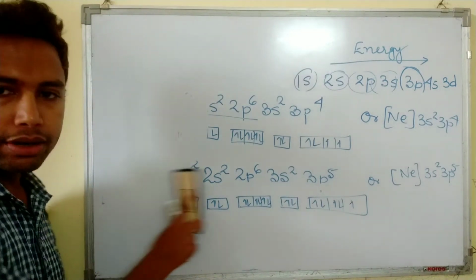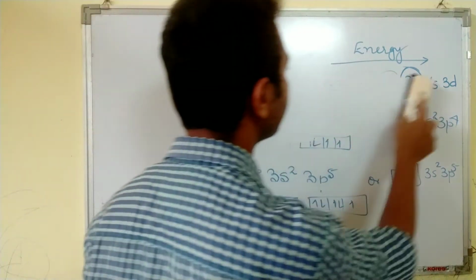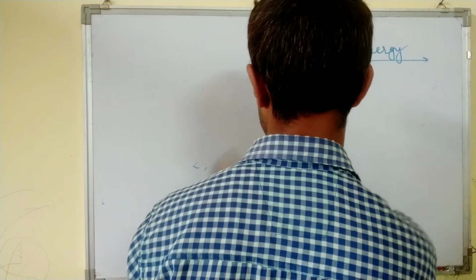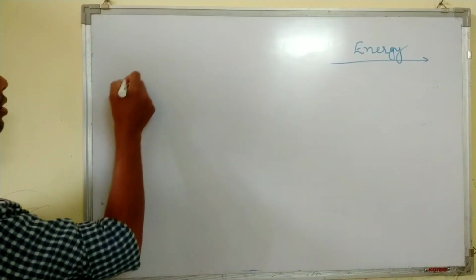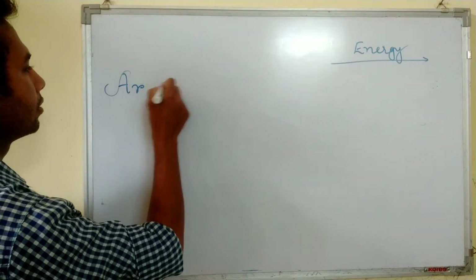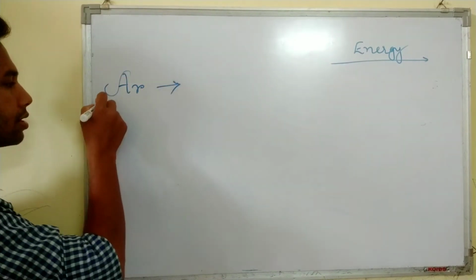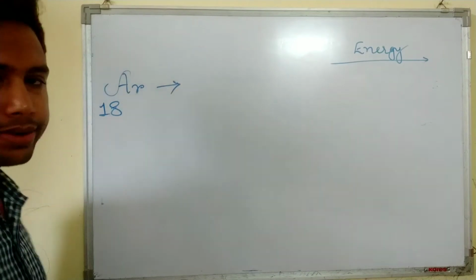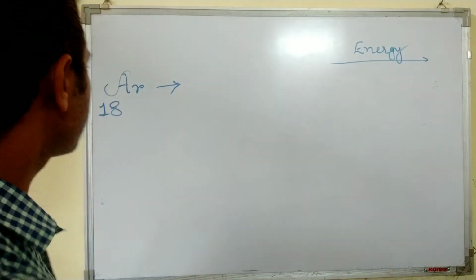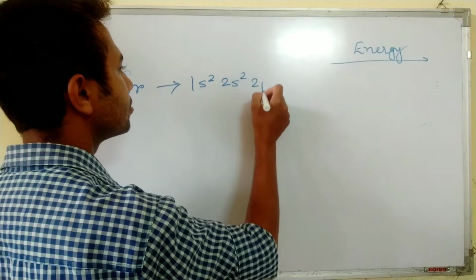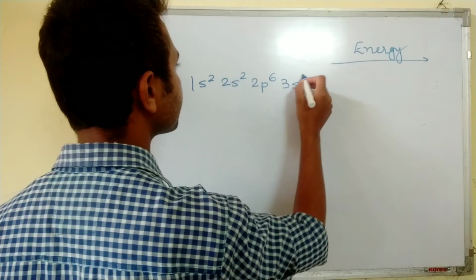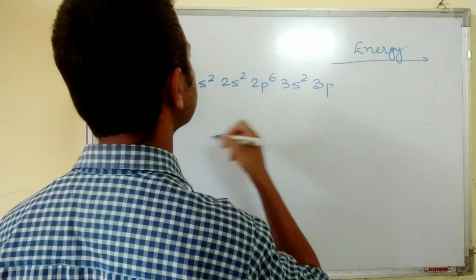So up to chlorine now we have seen. Now we will see argon. Argon has 18 electrons. So we will write 1s2, 2s2, 2p6, 3s2, then 3p.